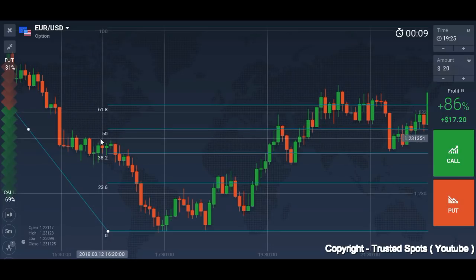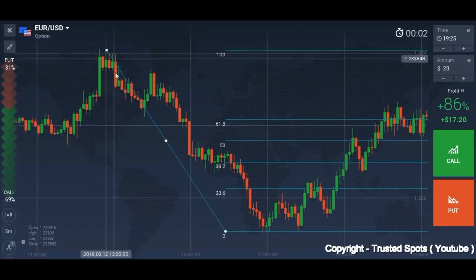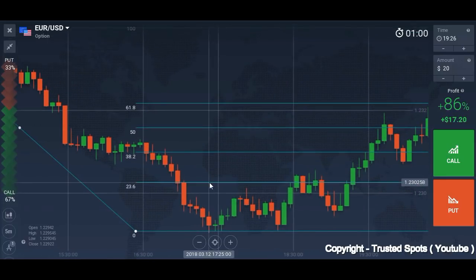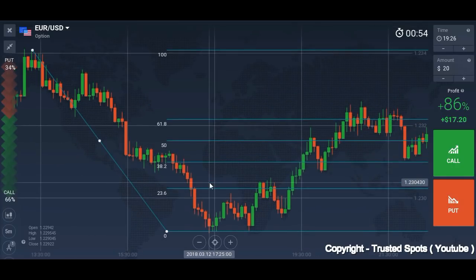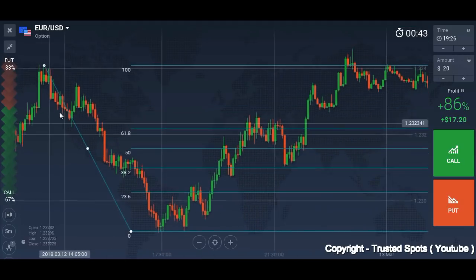So why is 61.8 very important? If you look carefully in a downtrend, what is a Fibonacci level? It is a group of support and resistance levels. So these levels are actually support and resistance levels. And if you look carefully here, the 61.8 is the last level of resistance in a downtrend market.